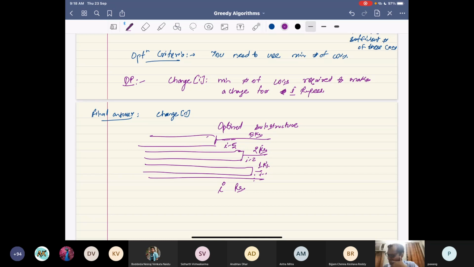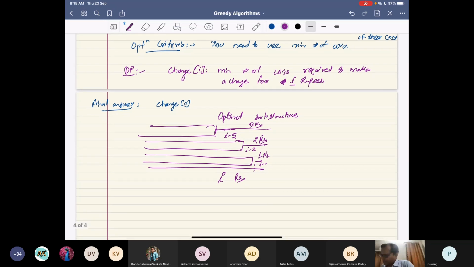And then what is the optimal solution? How can I find the minimum number of coins required to make change of i rupees in terms of my subproblems? It is 1 plus the minimum of the subproblems.